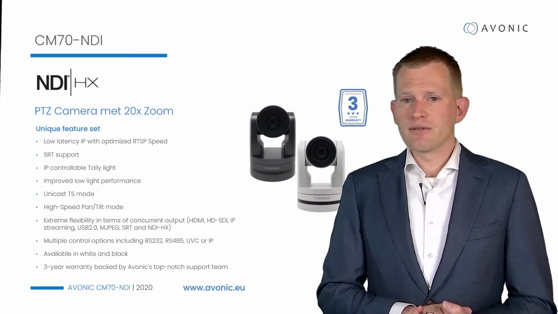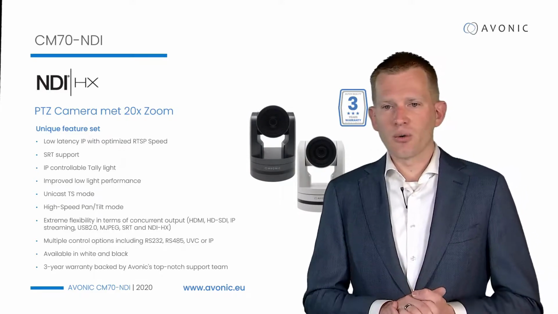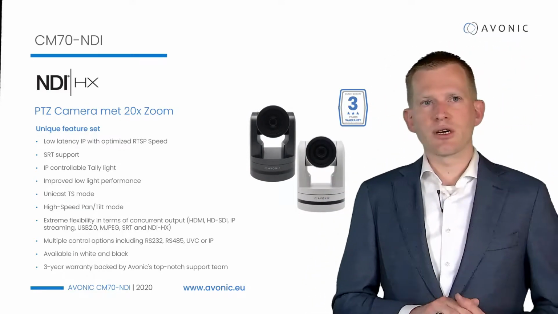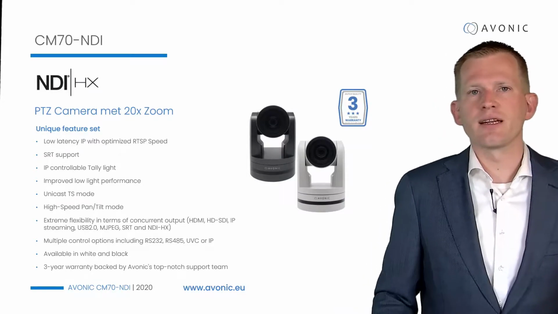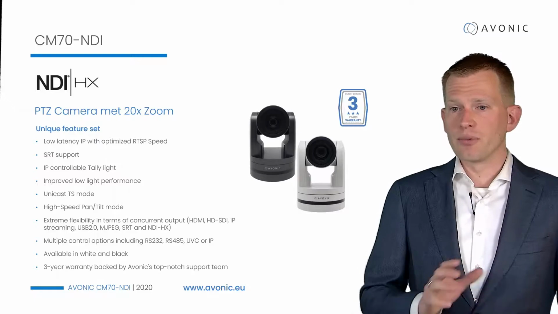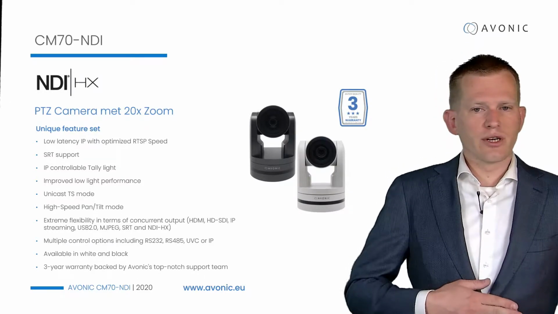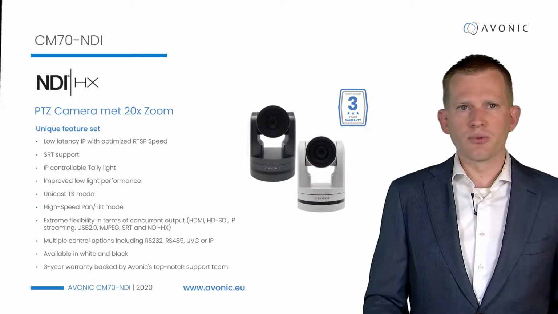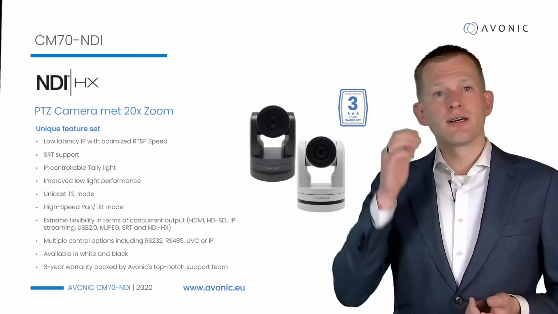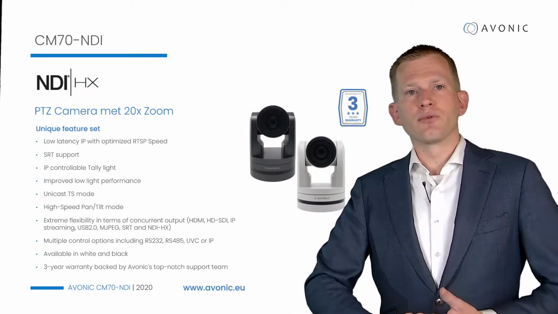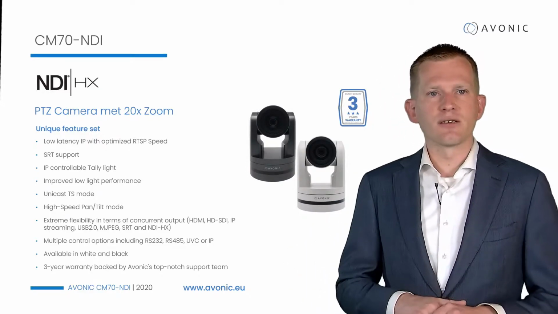So it's the CM70 series cameras. For those that don't know it yet, it's a very high quality camera which has a 20 times optical zoom. It has very low latency over IP, and this is really important in combination with NDI-HX. Its built-in encoder is really fast. But other than NDI, it also supports all the other protocols that the normal CM70 supports as well. So we have SRT, we have an IP controllable tele light, we have improved low light performance, so our chip, the sensor in itself, is very sensitive.